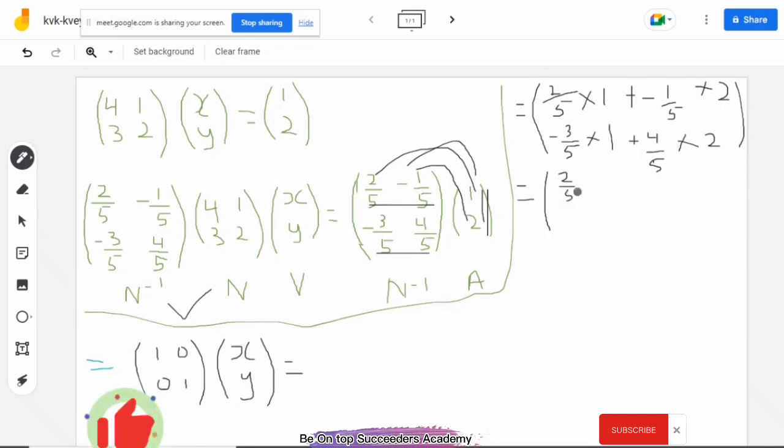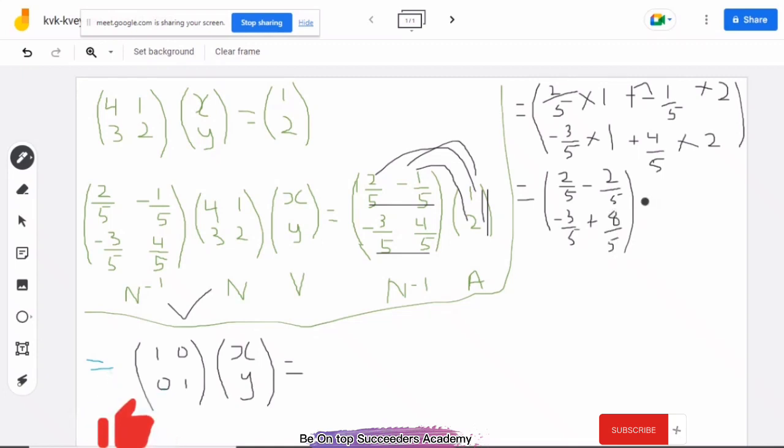2 by 1 is 2/5. In this case, I'm getting rid of the signs first, right? So a minus by plus is a minus. 1 2 is 2/5. You see I did these signs the second time previously, and now I'm doing it first to bring it to one side. Then we have -3/5 by 1, that's -3/5.